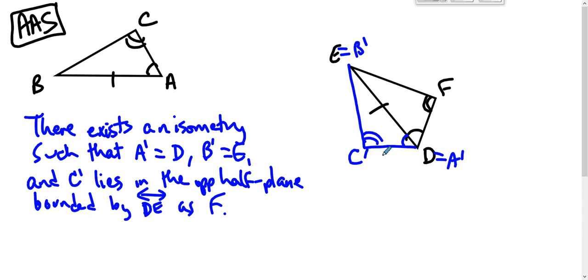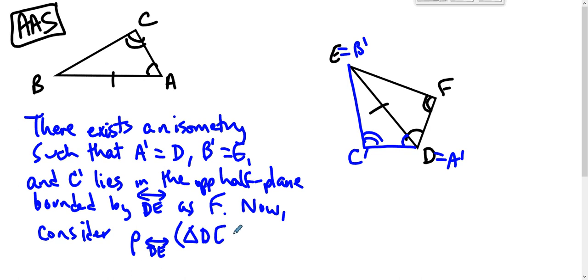That's the picture. So now we consider the reflection in line DE of triangle DEC prime. How do we show that C prime lands on F? Then we're done.